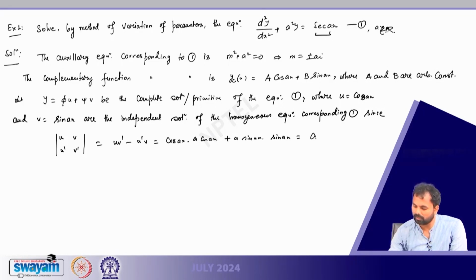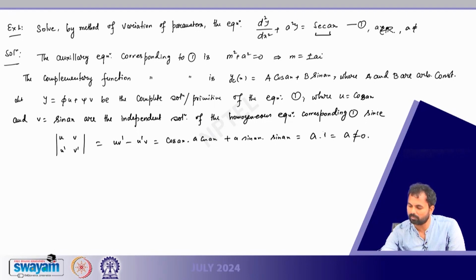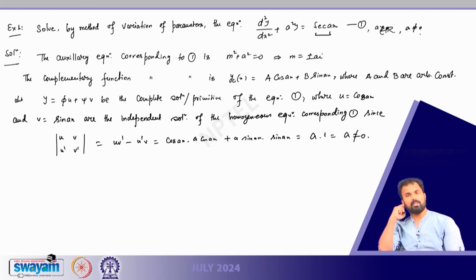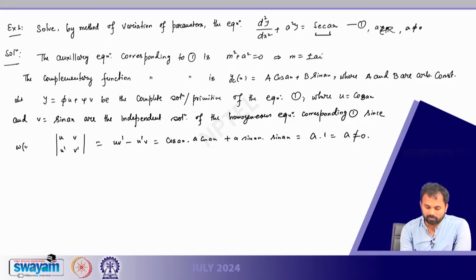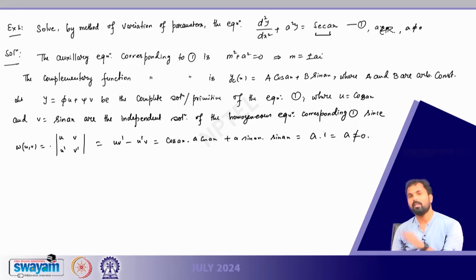So this becomes a times cos square ax plus sin square ax, which is 1, so this equals a, provided a is not equal to 0. So here a is a real number, but it is not equal to 0. That is very vital, otherwise it will not be an independent solution; it simply will not hold. This is actually the Wronskian of u and v, so you can also check whether it is an independent solution or not. So now we have a condition that it will be an independent solution provided a is non-zero.